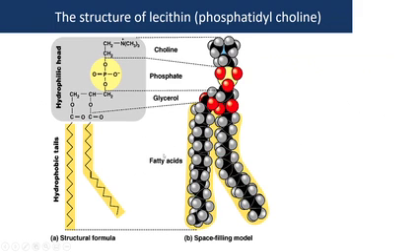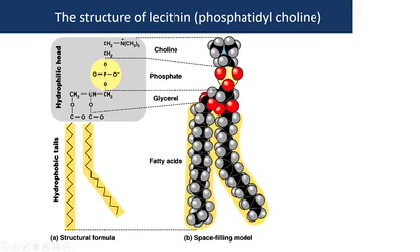So this is the molecule that's broken down by phospholipase A2, and it's called lecithin. If you read the ingredients on your Hershey bar, you'll see that a lot of the time it is listed as soy lecithin. Another name is phosphatidylcholine, and you need to know this particular name.